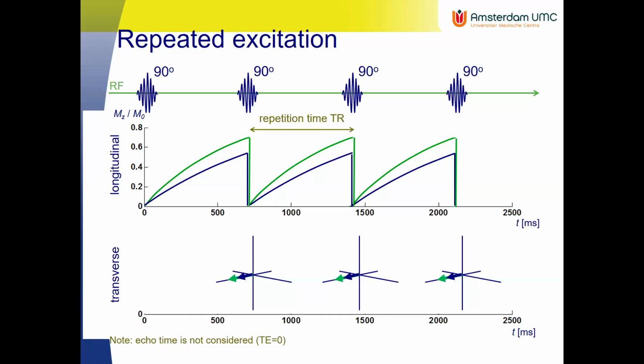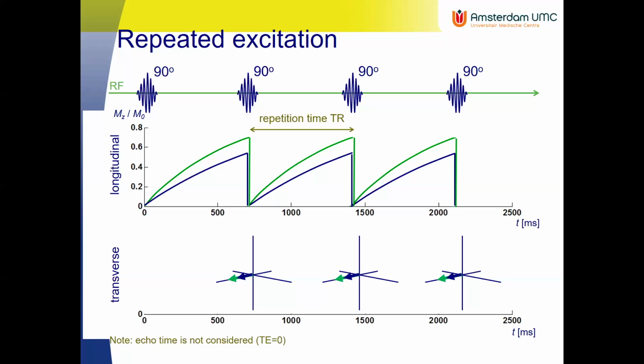So the question is if the magnetization goes back to equilibrium instantly, right? So right after the excitation pulse, during the excitation pulse, we rotate the magnetization into the transverse plane, and the longitudinal magnetization grows at the speed T1, which is the tissue property, which is the curve there.